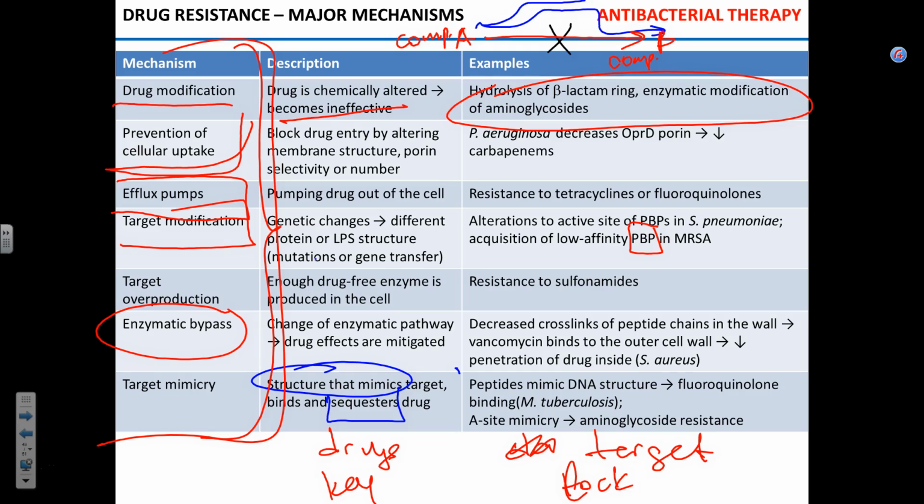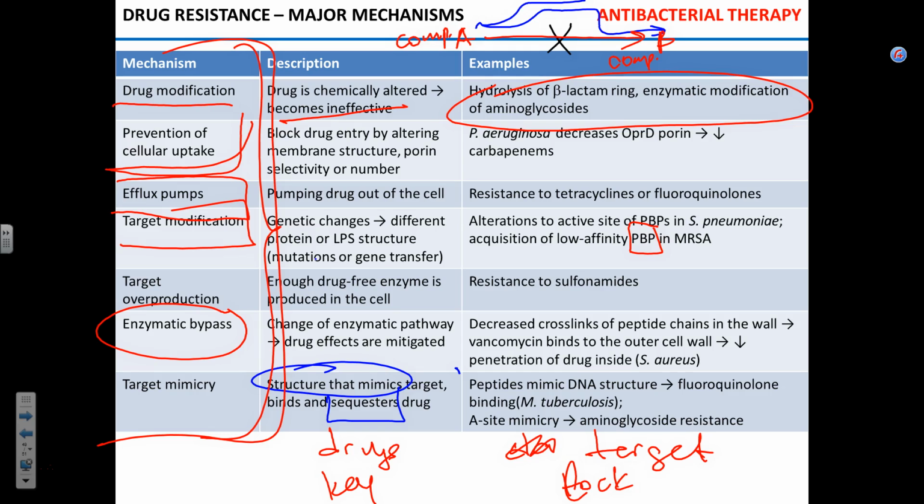So what he does, he takes the same bottle, pours cheap beer in it, gives it to me. So the cheap beer is masked as the expensive one. I'm getting tricked. Same for the drug. The drug enters the cell, and instead of binding the target, binds something else that looks like a target. Does that make sense?